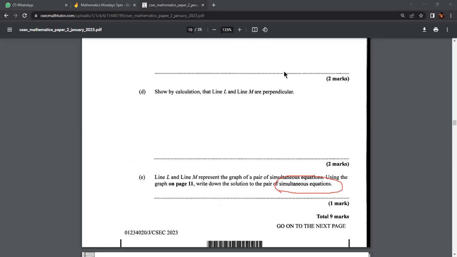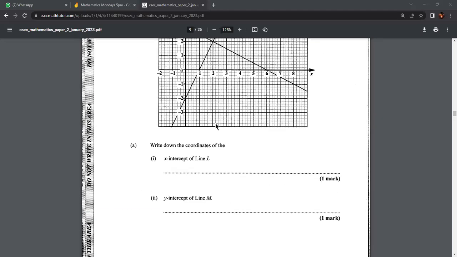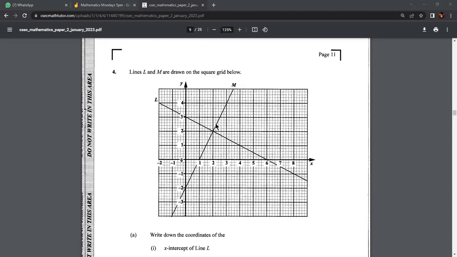Now, for a graph like this, simultaneous equations simply means that both equations share a common y value and a common x value. So their x and their y are in common.